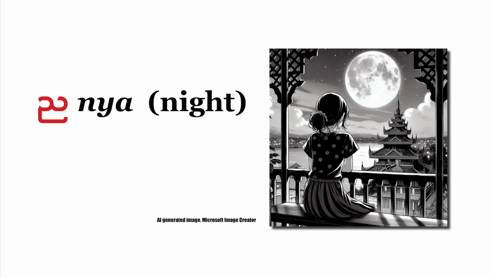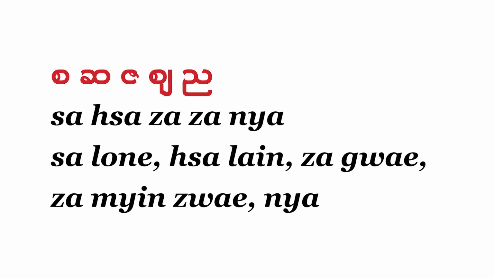So if I were to read out all the consonants that you've learned in this second row, it's sa, za, nya. Sa, za, nya. If I were to call them out by their formal names, it's sa long, sa ling, zagwe, zamienzwe, and nya.